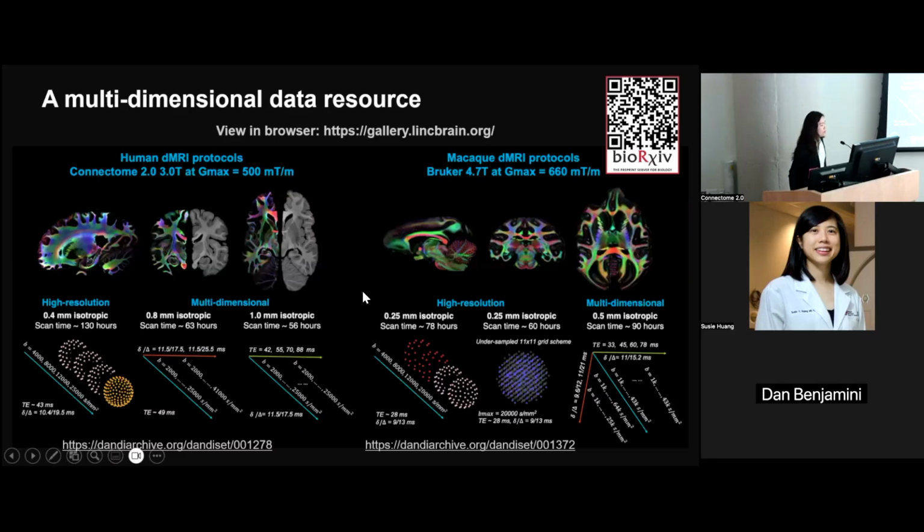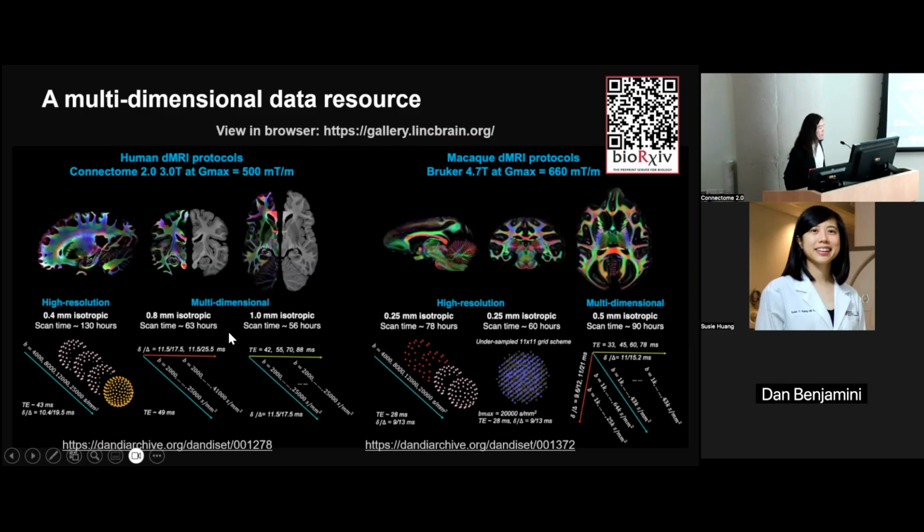And just to quickly summarize what we have achieved, we developed high resolution protocols primarily for orientation mapping and fiber tractography, achieving 400 micron isotropic in the human brain and 250 micron isotropic in the macaque brain, both with ultra-high b-values.